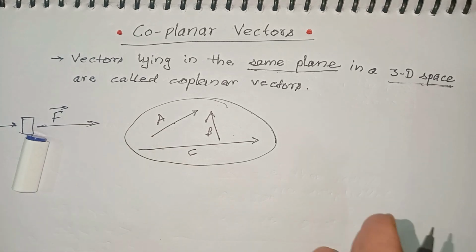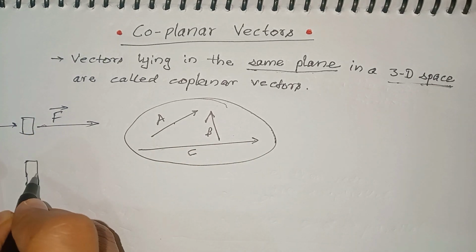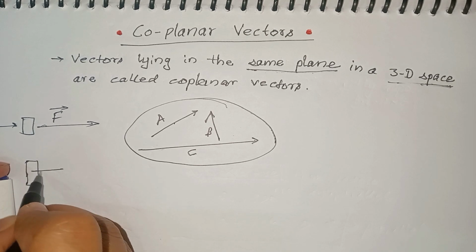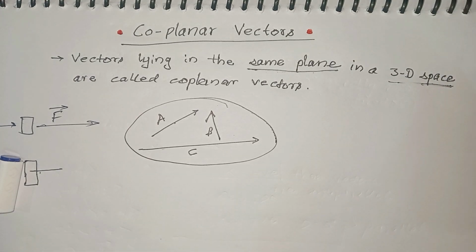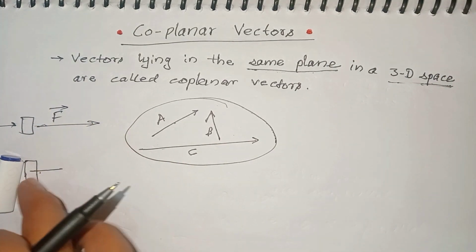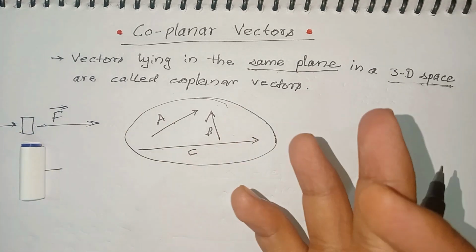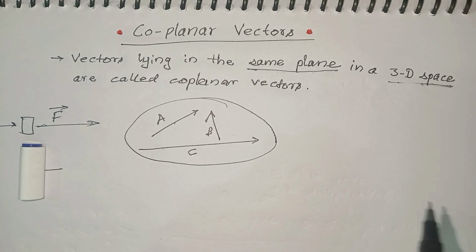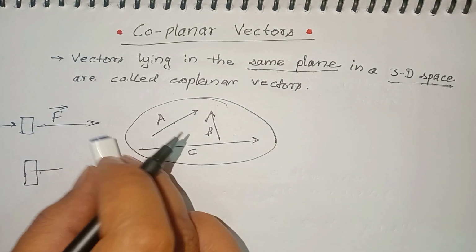In this situation the two forces, the two vectors, are not coplanar, because they are not lying in the same plane. The first force lies on the plane of the paper, but when we throw it upward, it is not lying in the same plane as previously. So this experiment clarifies what a coplanar vector is.